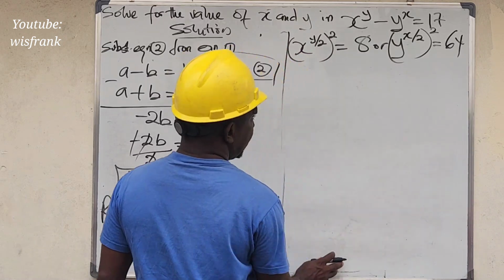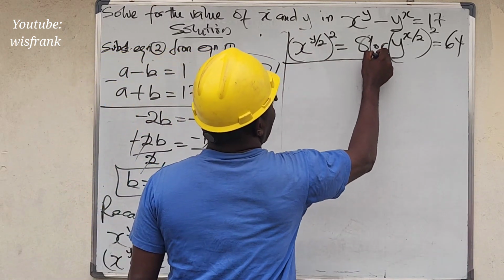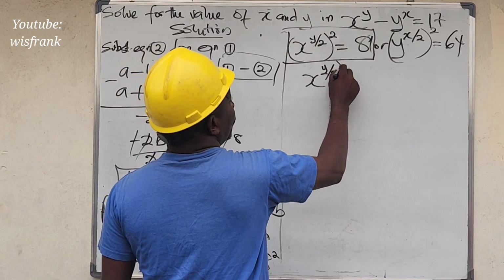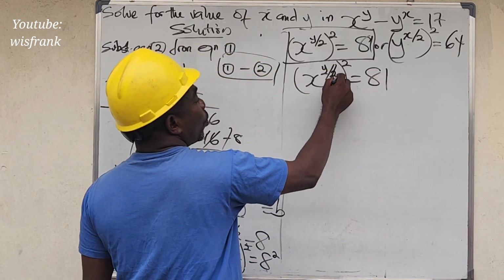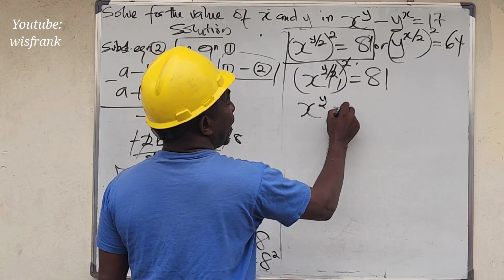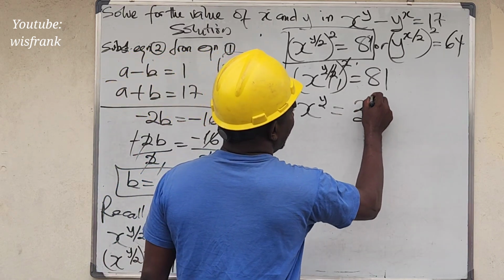So let's take one after the other. We take this one: x to the power of y all over 2, all to the power of 2, equals 81. In this case, 2 will cancel here and 2 will cancel here. We are now left with x to the power of y equals 81, which is the same thing as 3 to the power of 4.